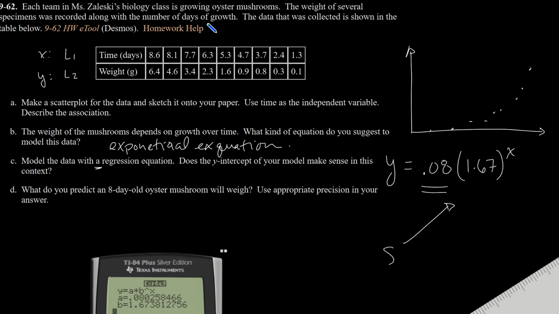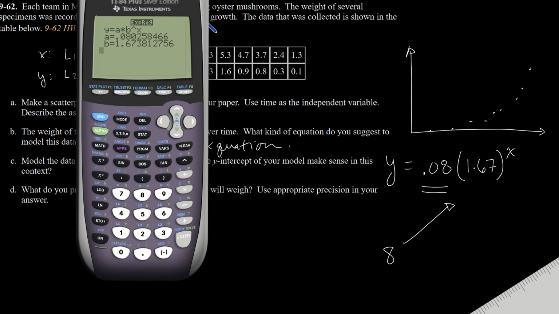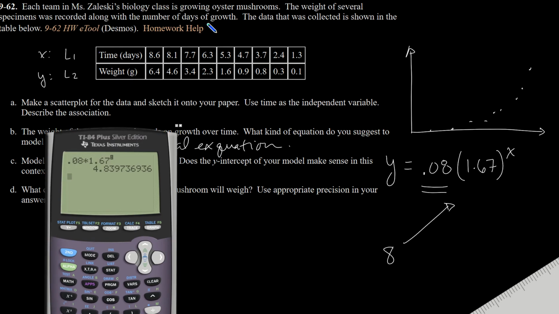I'm just going to evaluate this when x is 8. So I'm looking at 0.08 times 1.67 raised to the 8th power. And when I do that, I get about 4.